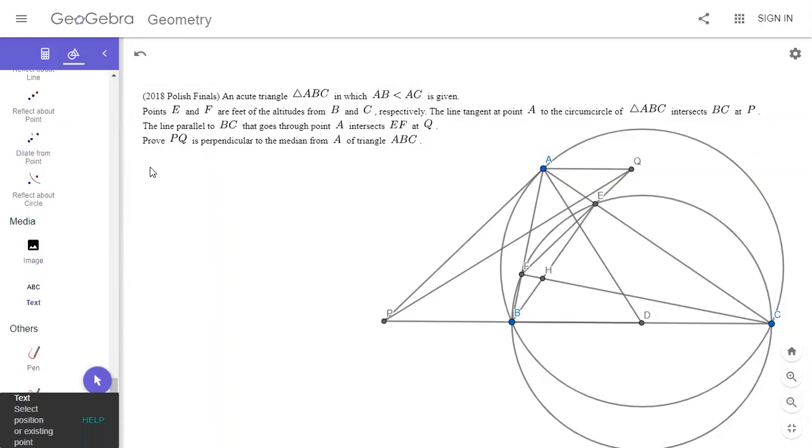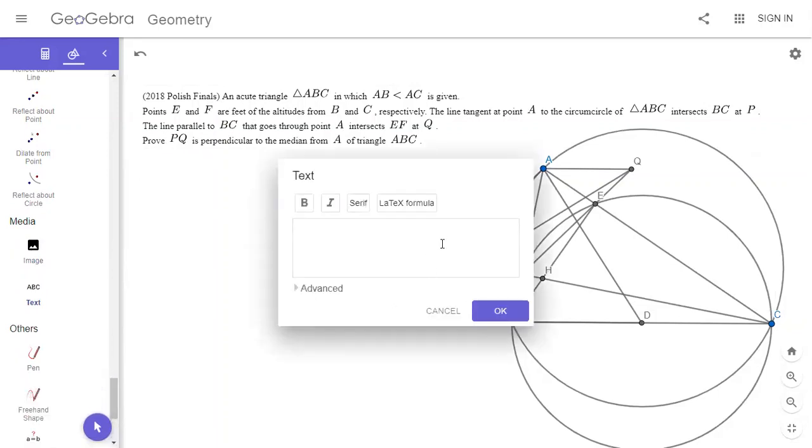First of all, it's clear that BFEC is cyclic, with center D, right?